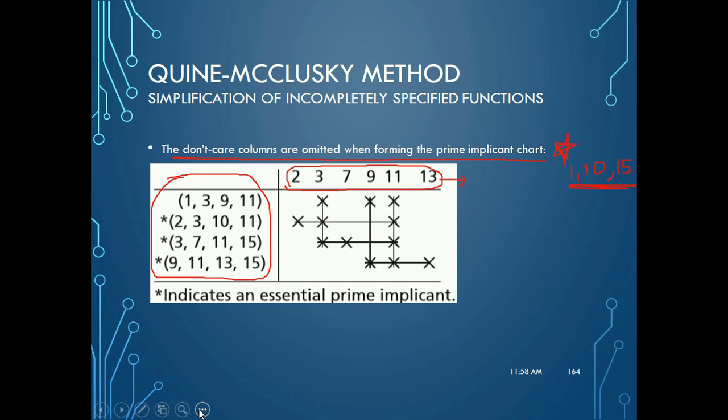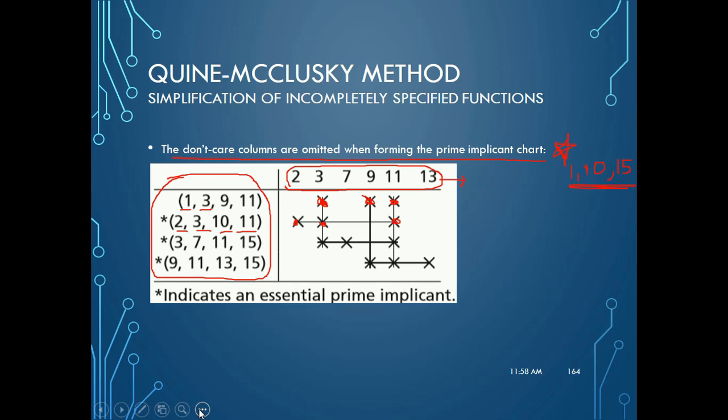So here what we are going to do, initially we are going to mention the min terms. One is not present here, is it? So we have not written 1 here, so don't take that. 3 can be marked here. Okay, 9 can be marked. 11 has to be marked, and in 2, 3, 10, 11 you have 2, 3, 10 is not there. 10 is a don't care condition, leave that.